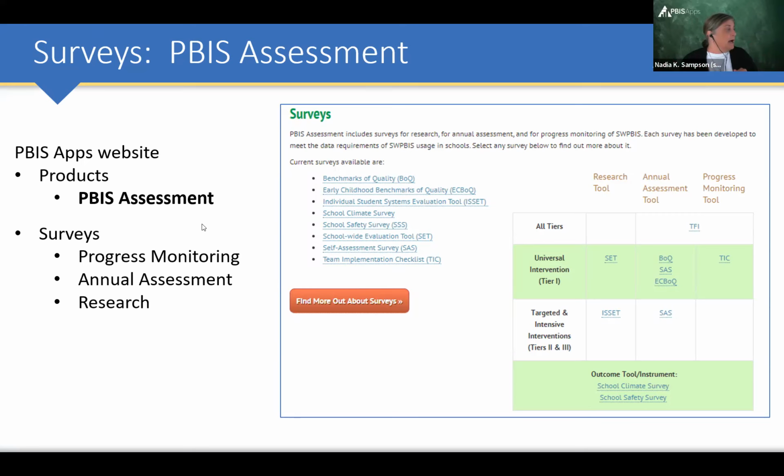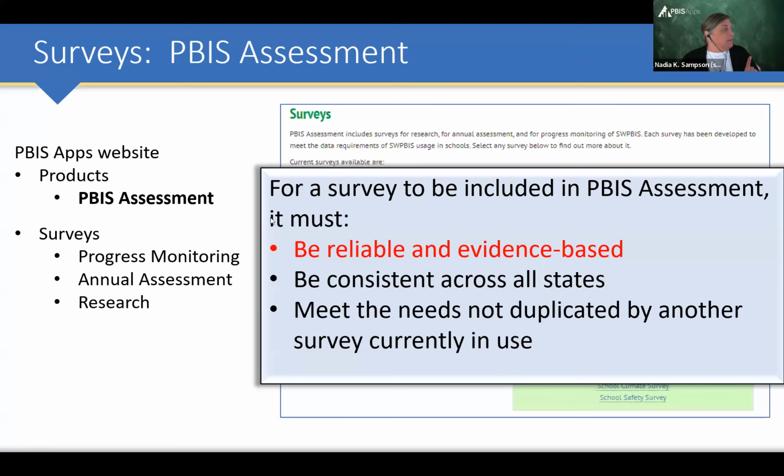I do need to update this slide though. Okay, so for surveys on PBIS assessment to even make it into PBIS assessment, they have to be reliable and evidence-based. We've looked at these tools and they have validity and reliability. They need to be consistent across all states.